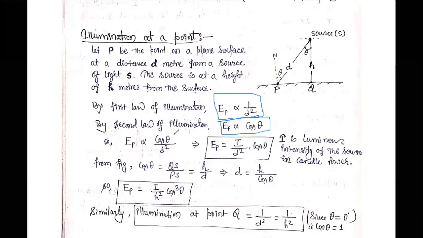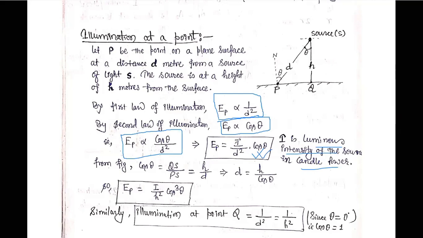So when we combine both equations, okay, we will get EP is directly proportional to cos theta divided by d square, or we can write it as EP equal to I by d square into cos theta, where I is the luminous intensity of the source. What is the luminous intensity of this source?